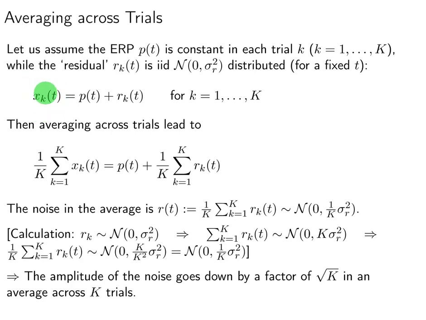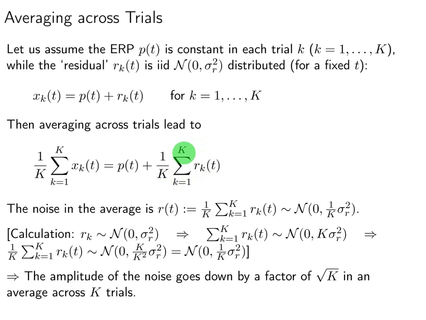Mathematically, x of t is equal to P of t plus noise across k trials. Then averaging across trials leads to the following. We are just summing all the EEG signals across k and averaging by dividing by k, which will give us the following relation. Because P of t is assumed constant, we can take it out of our signal model, plus 1 over k times the noise.